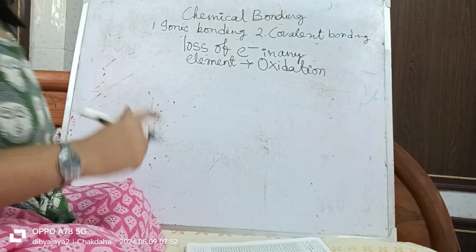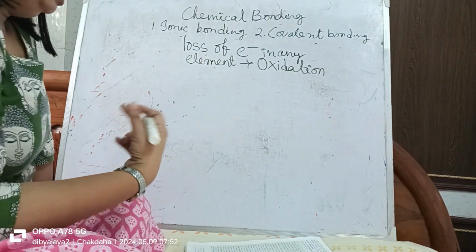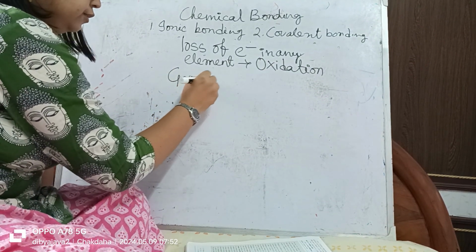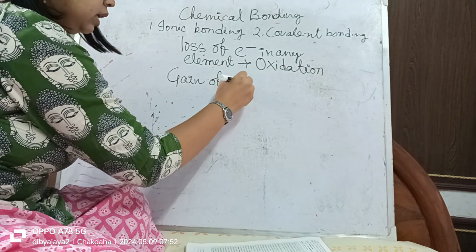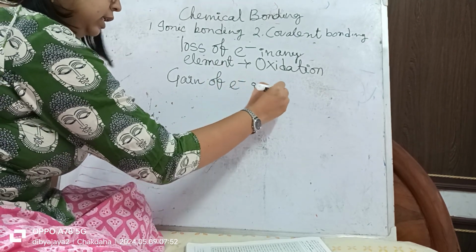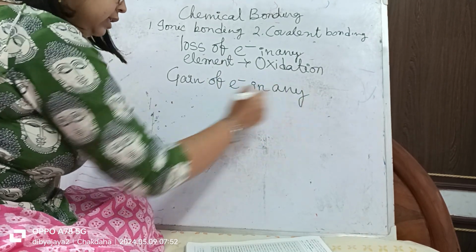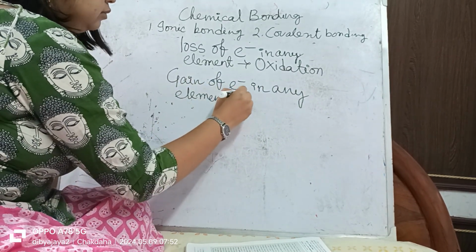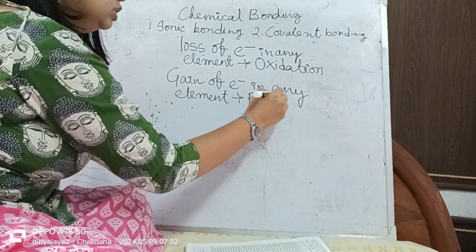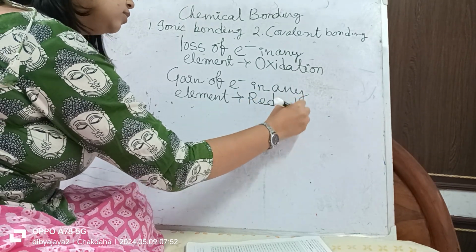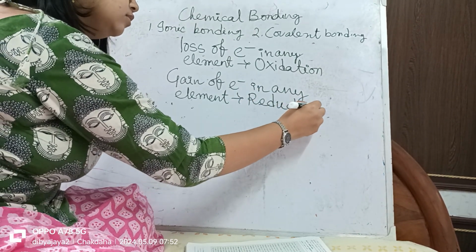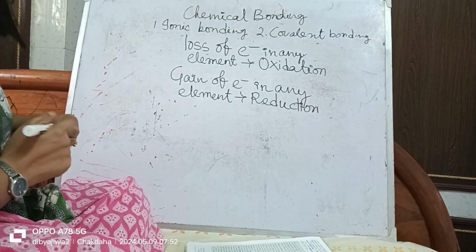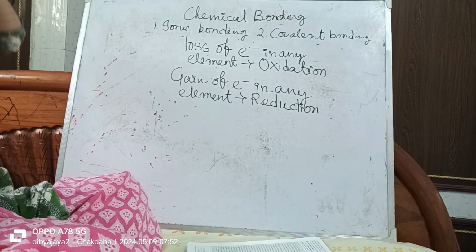Loss of electron is always oxidation, and gain of electron in any element is reduction. Gain of electron in an element, that is reduction.